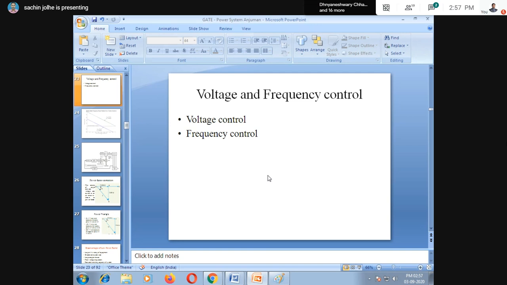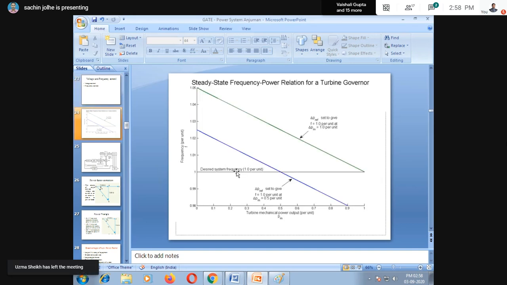Only remember this: if we have to control the voltage and frequency, we have to use a constant speed generator. For that, the turbines we are using should automatically adjust their speed according to the requirement.